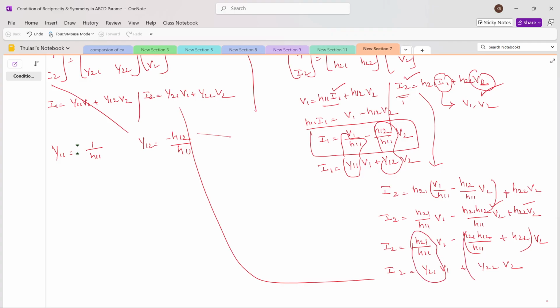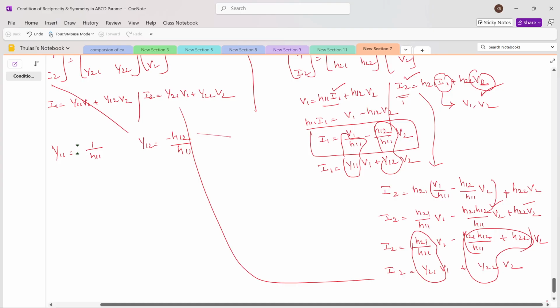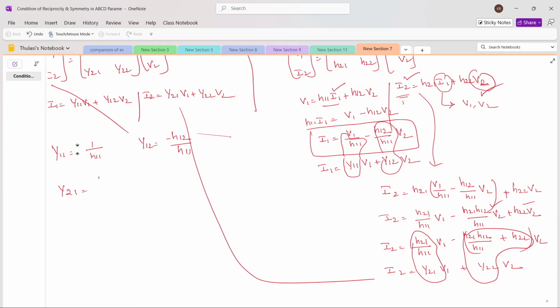Therefore, we are going to get the y21 value equal to h21 divided by h11, and y22 is equal to h. We can take the LCM here as h11. Therefore, you are going to get h11 h22 minus h12 h21 divided by h11.